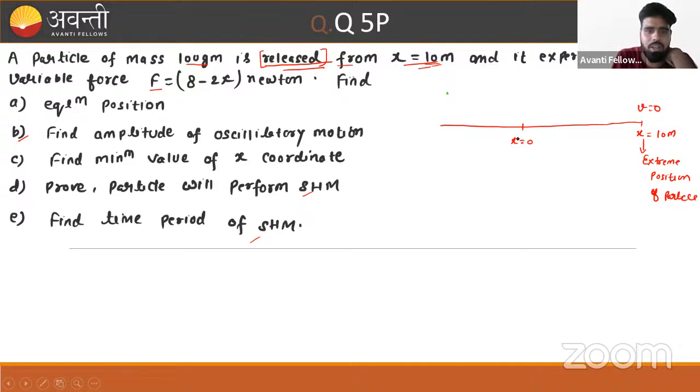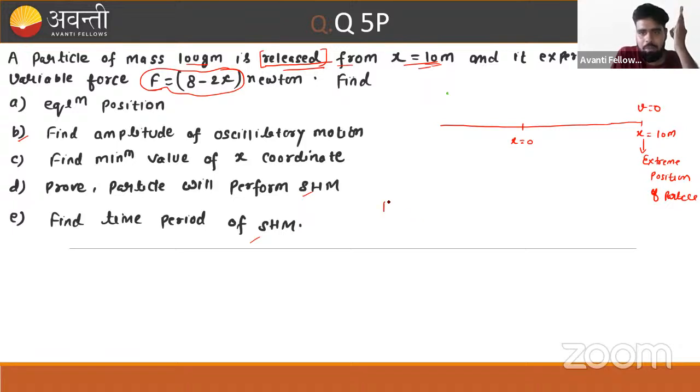Always listen carefully. If somebody asks me in a particular problem, where is the mean position? What is the funda for mean position? Anybody can tell me how we can find out the mean position. Whatever the force is, just equate it to 0.